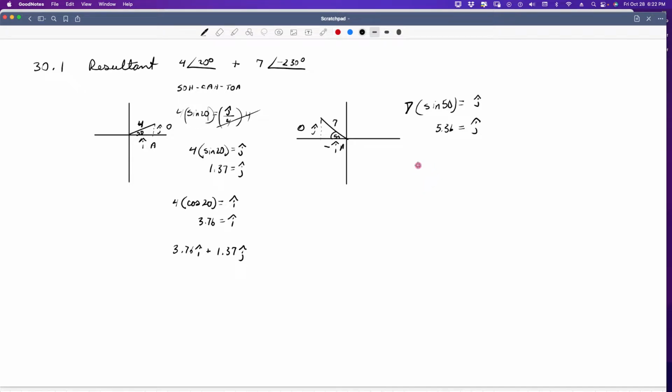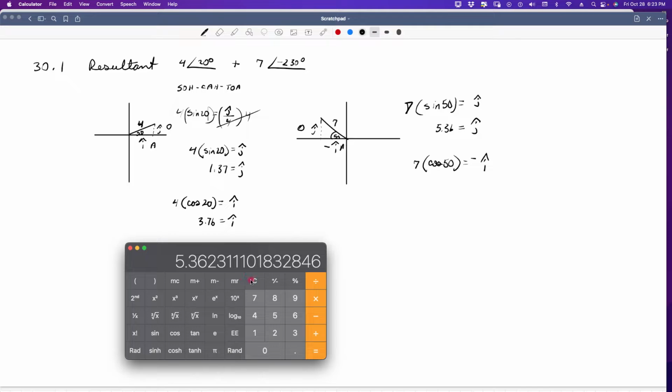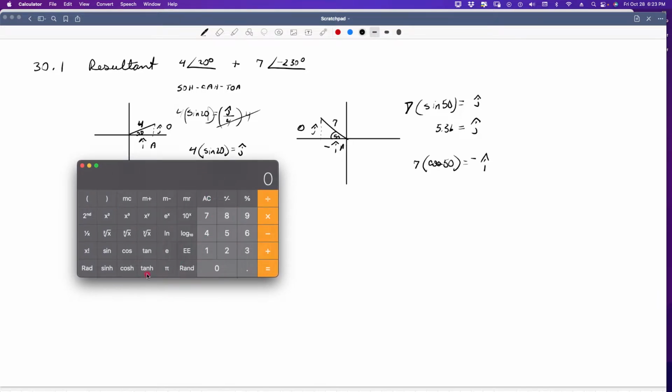It's going to be the same thing: 7 times the cosine of 50 is equal to our negative I. So we pull up our calculator, clear that out, and say 50 cosine times 7 is equal to 4.4995.